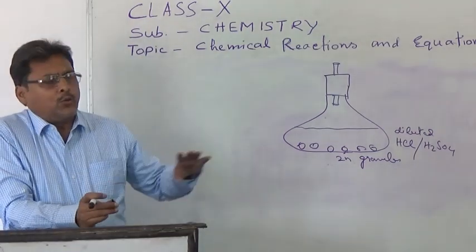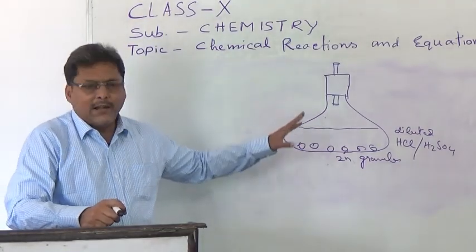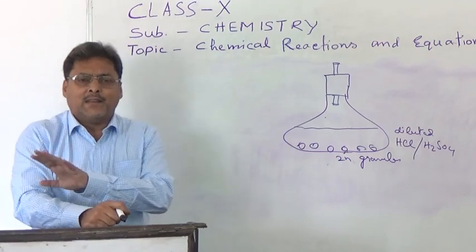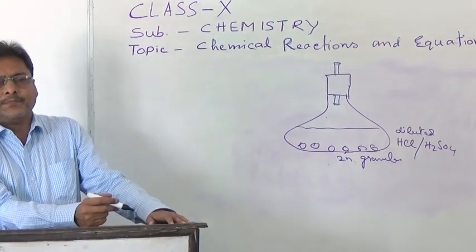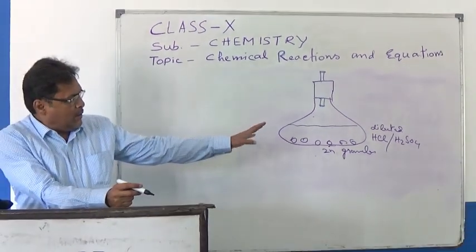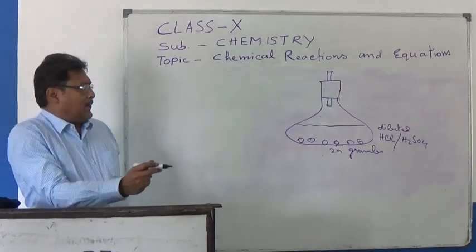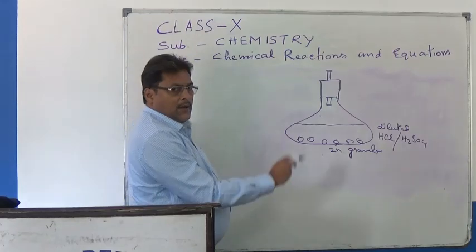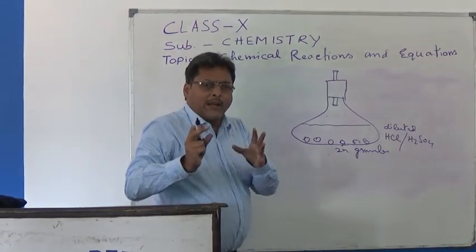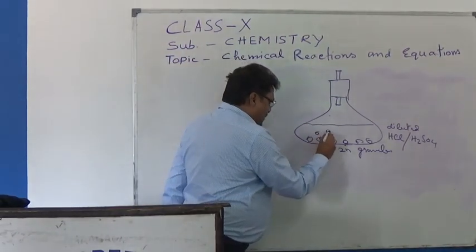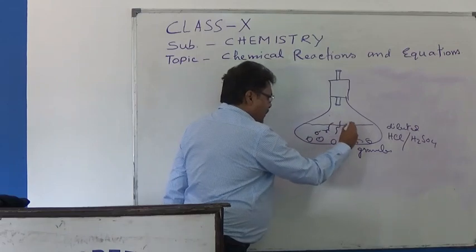Actually what we are going to do is watch the reaction of an acid on a metal. The moment you put some dilute acid on the zinc metal, you will see that very briskly, very quickly, some gas bubbles begin to form.